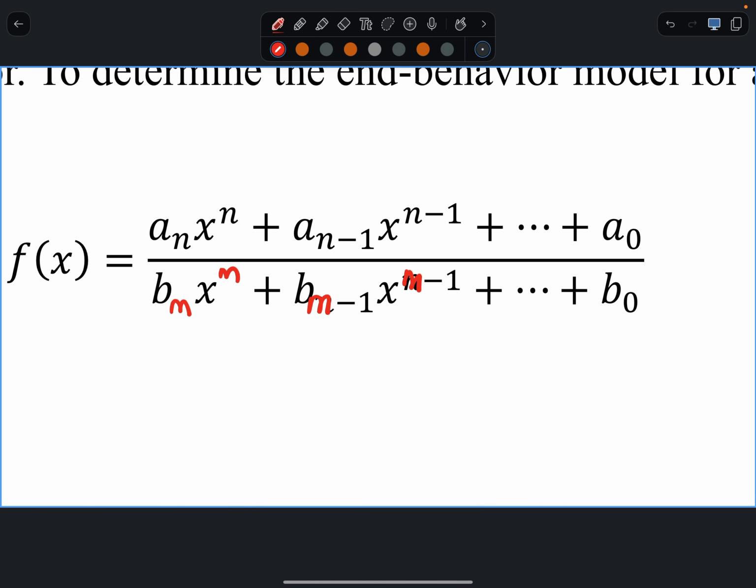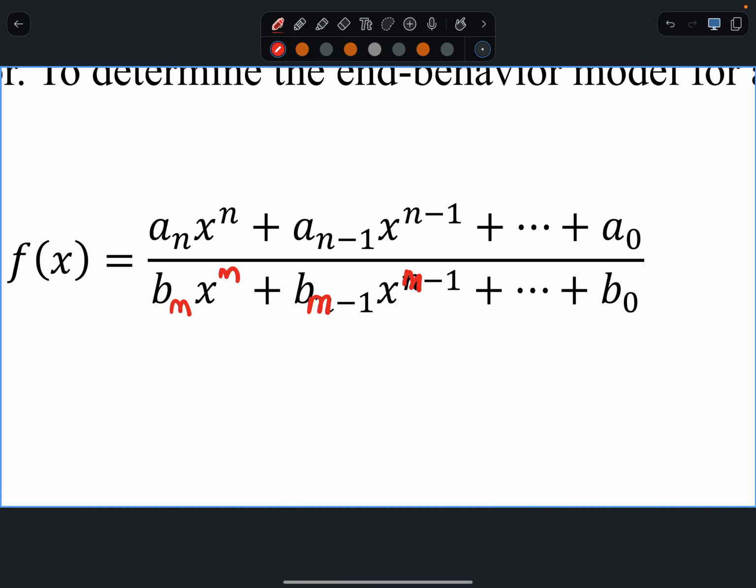So this is our function that's a ratio of two polynomials. As x gets infinitely large or infinitely small, again, we can think about the terms as being at a tug of war with each other. In the numerator, who's winning the tug of war as x gets infinitely large or infinitely small?